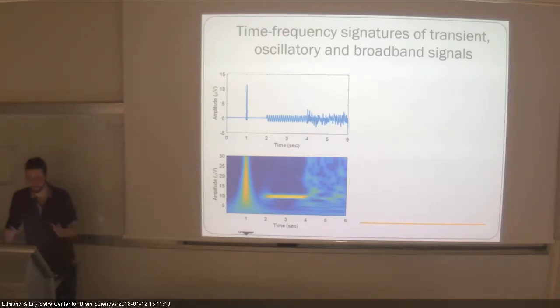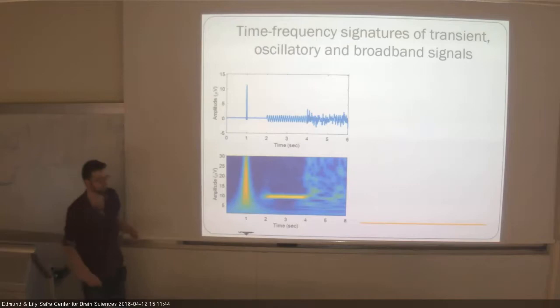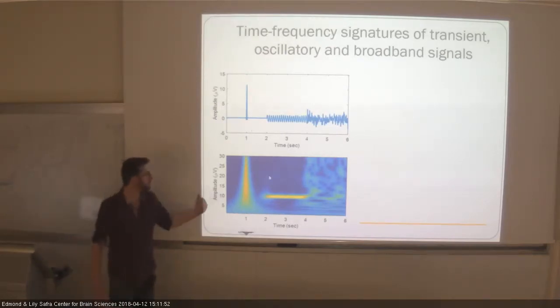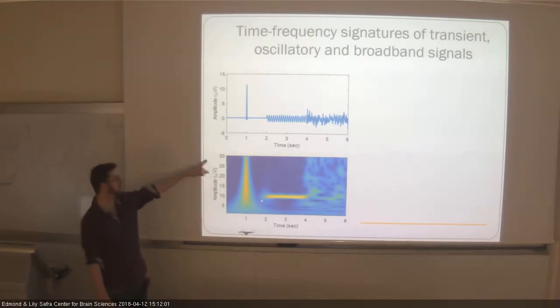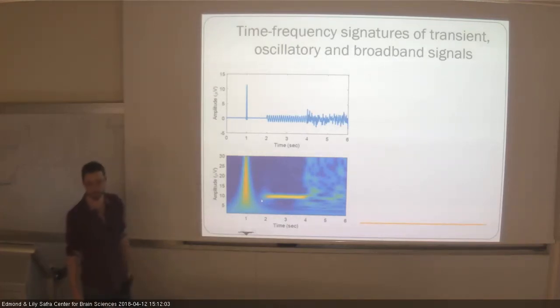And the best example, I think, of showing how this is not true is these two examples of the spike and the random noise, because a spike, in terms of a time frequency decomposition, you can see that it has power in a very wide band of frequencies.